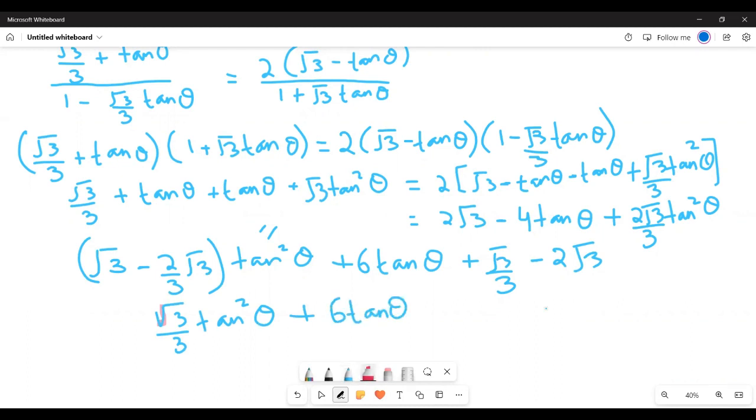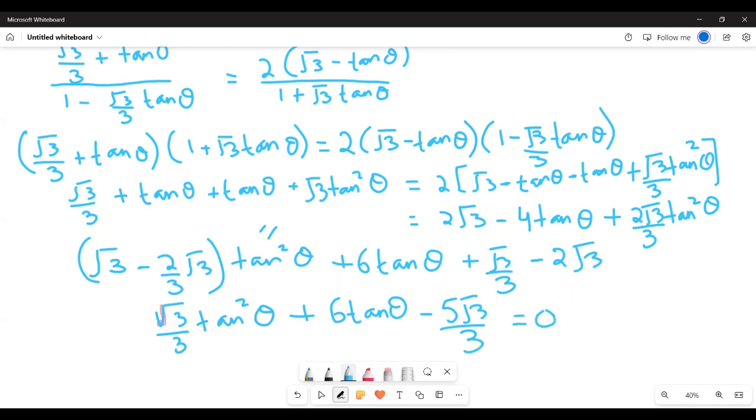And now I'm going to add this in my calculator. So under root 3 upon 3 minus 2 under root 3 is minus 5 under root 3 upon 3 equals 0.